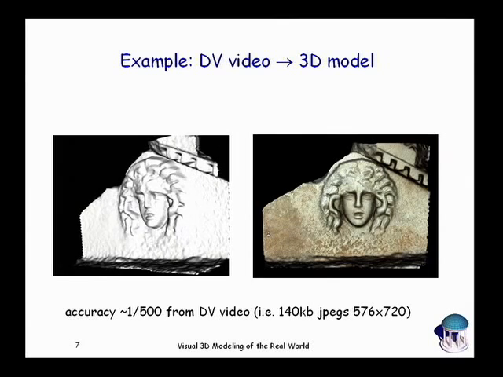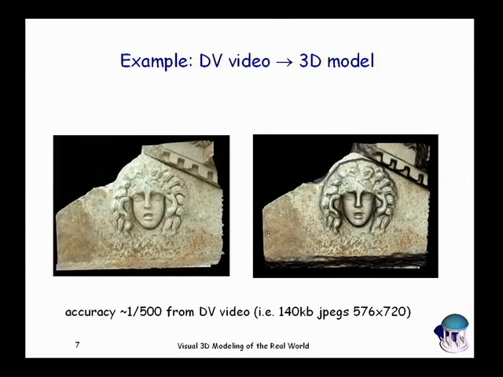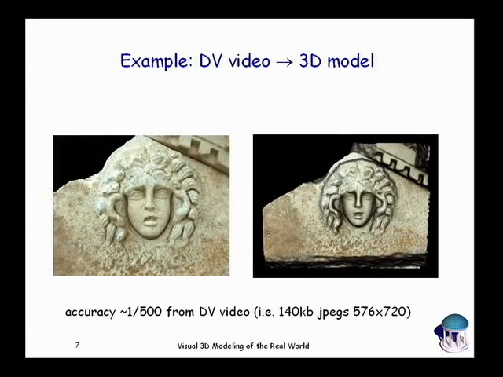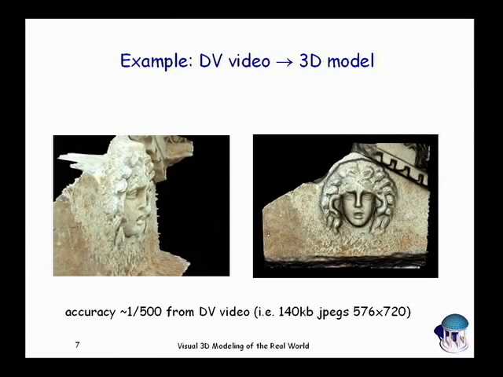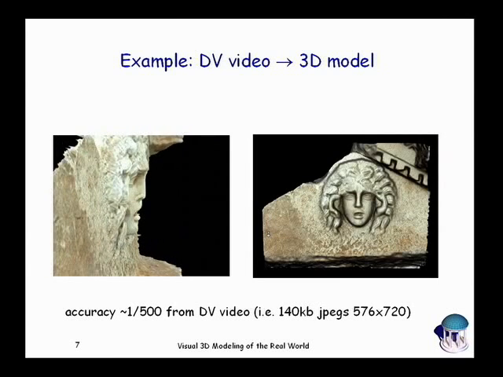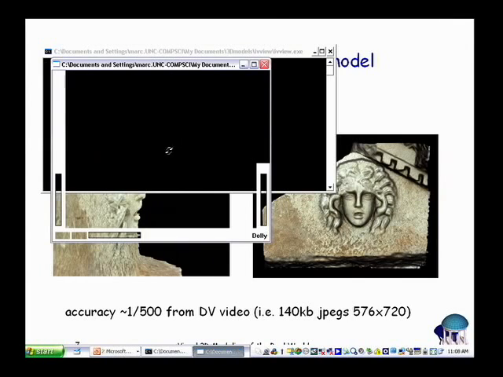We have estimated that both the structure from motion as well as the depth accuracy that we obtain is roughly 1 in 500 between the size of the object and the detail that we can extract out of this. Okay, actually, let me quickly show you that model also.